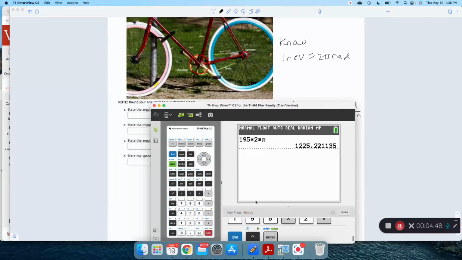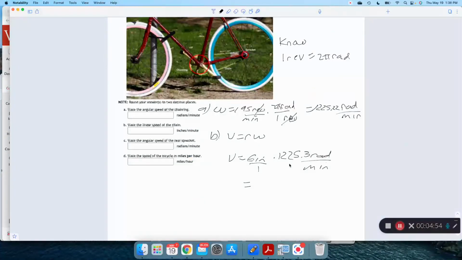So on my calculator here, I can just hit times 6. There we go, 7351.33. And again, radians are unitless. So inches per minute.